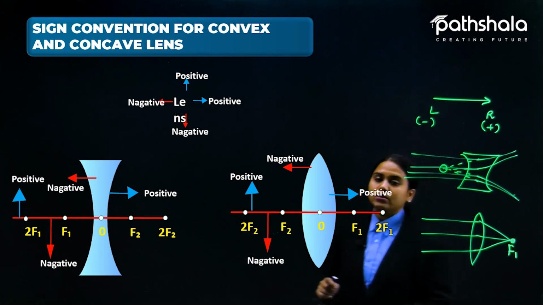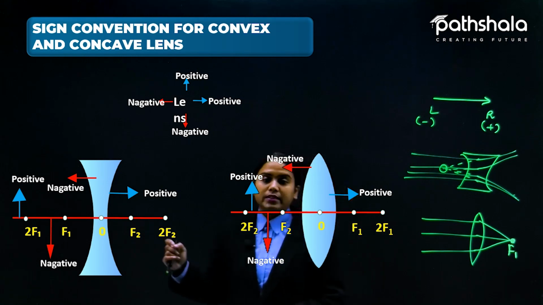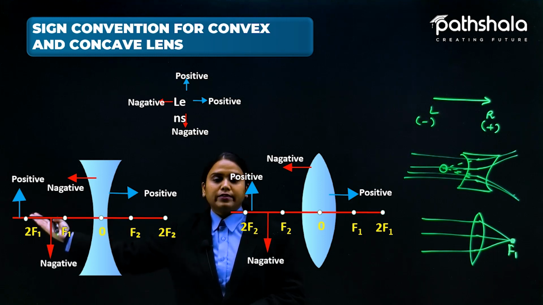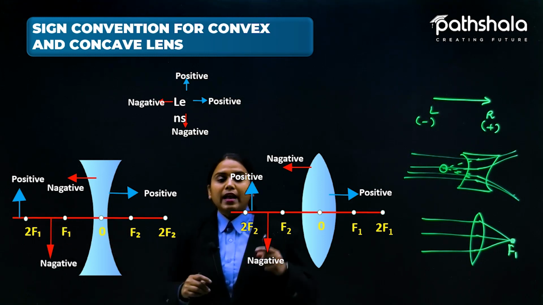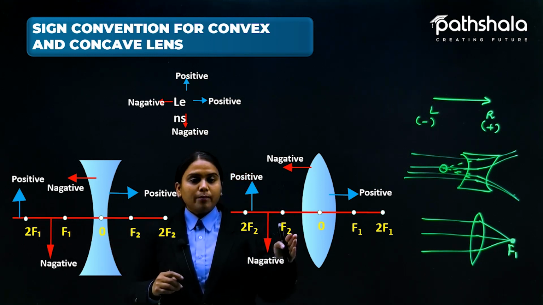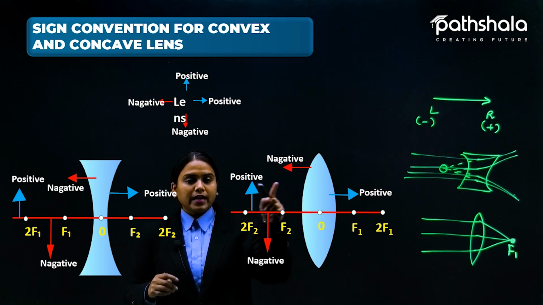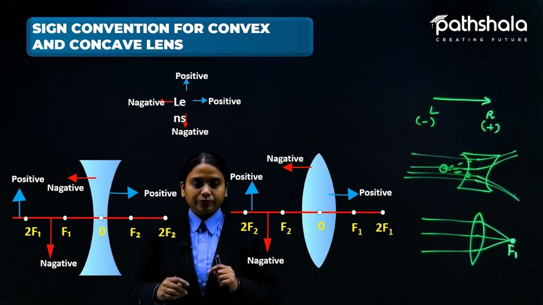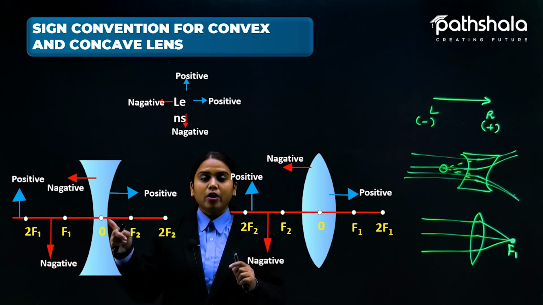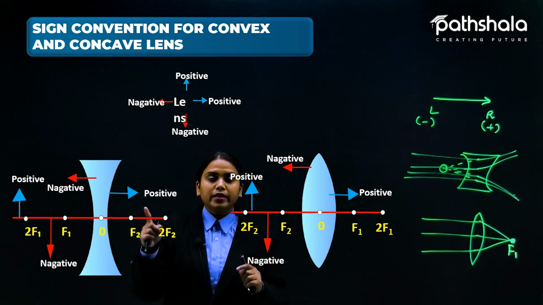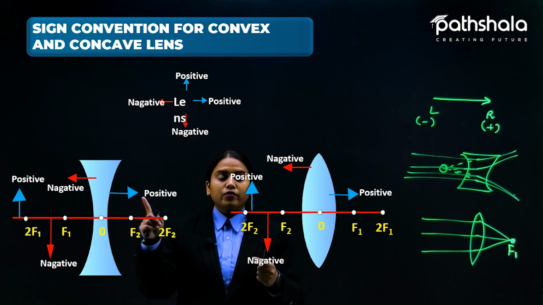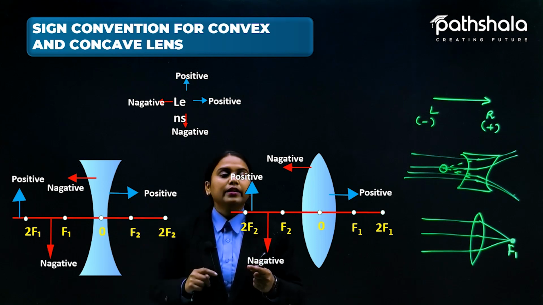Now as you can see students, all the directions from this optical center to the left side are taken as negative, and in this case also from the optical center to the left side, this is also taken as the negative. And the direction from the optical center in the direction of the light rays is written here as positive.